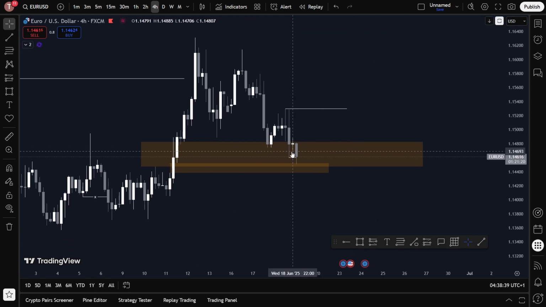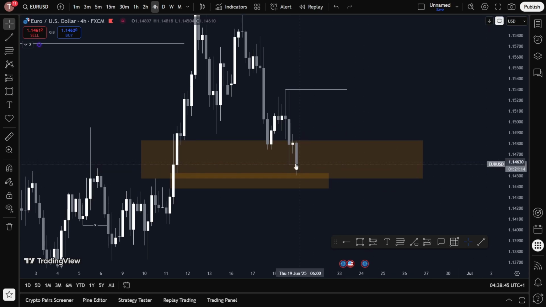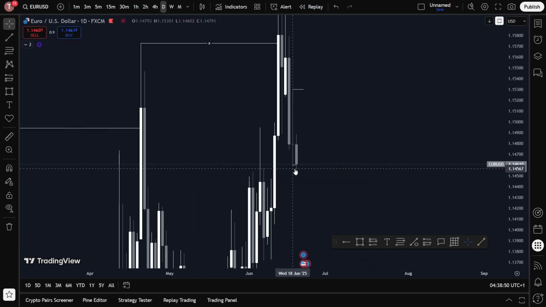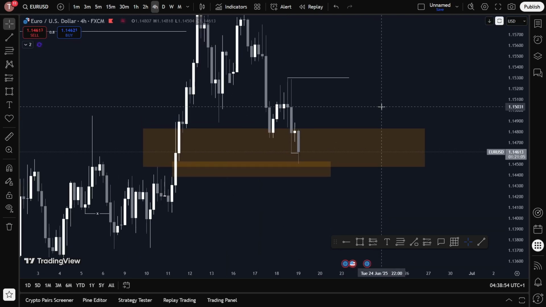But currently, I'll be happy to see the price giving a close above the previous day's low. So I'll be anticipating that if we are going to give a close above this previous day's low, this will show that the price is having intent to go into the upside direction.